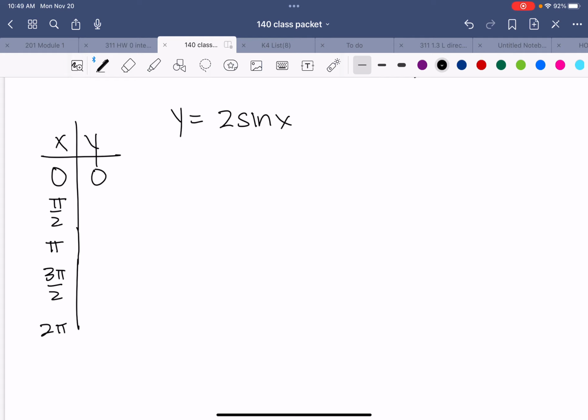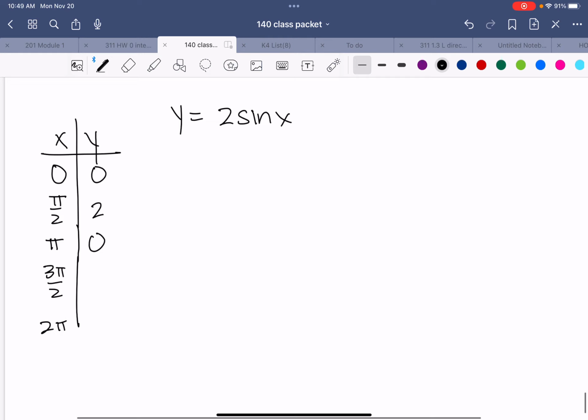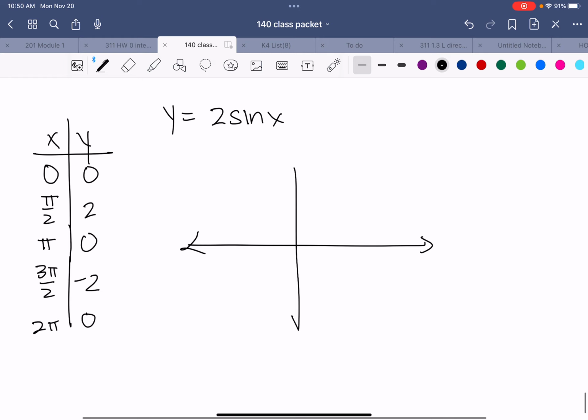So we had 0 times 2 would be 0, 1 times 2 would be 2, 0 times 2 is 0, negative 1 times 2 is negative 2, and 0 times 2 would be 0. Okay, and then when we graph that, this is pi and 2 pi.